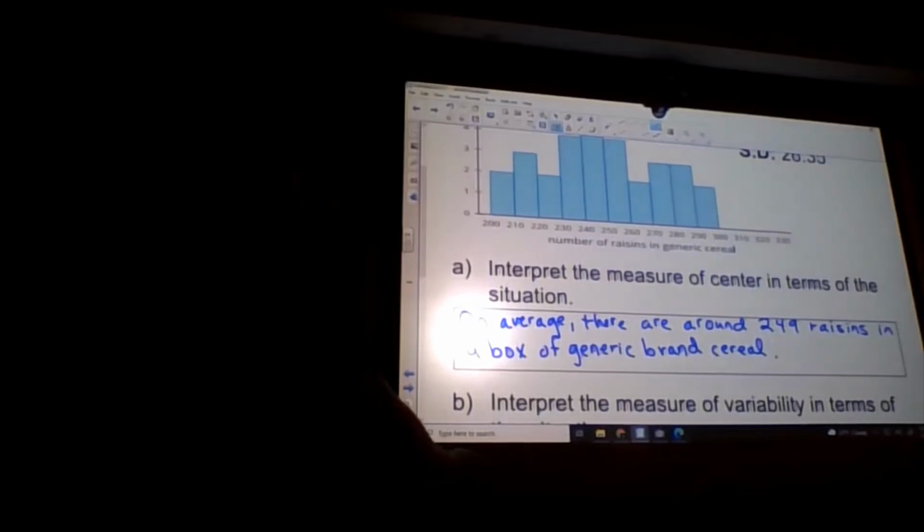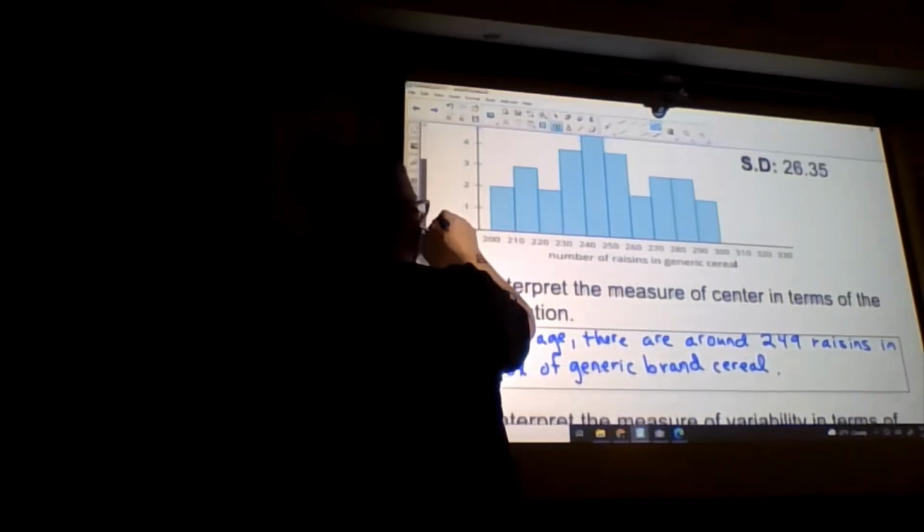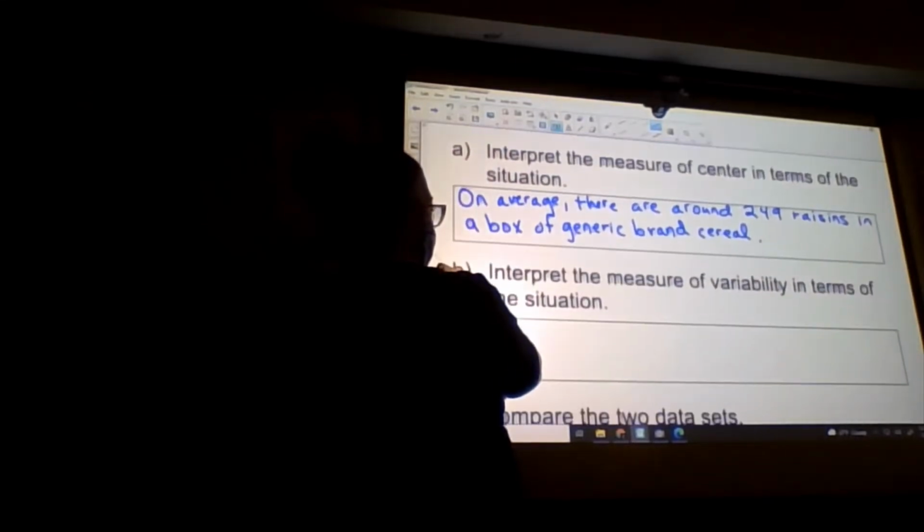Right? If we want to interpret our measure of variability, our standard deviation for this one, it's 26.35. So what can we say for that?